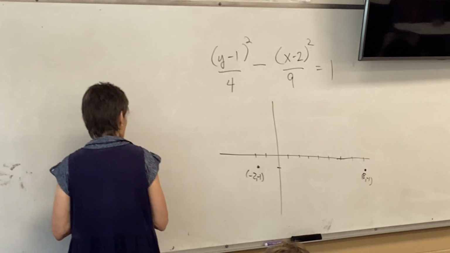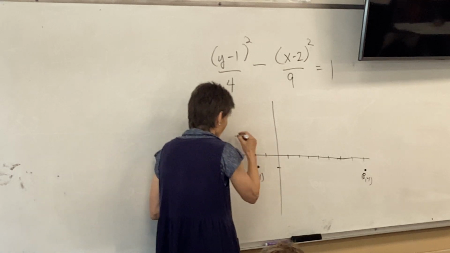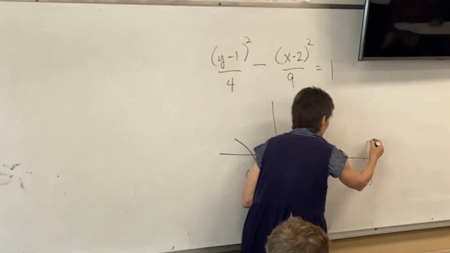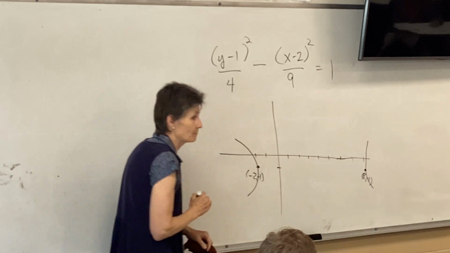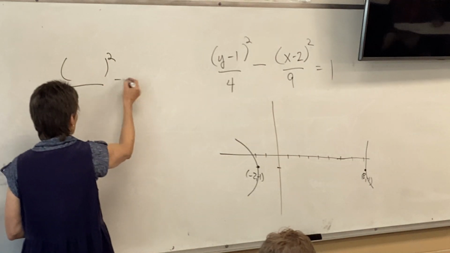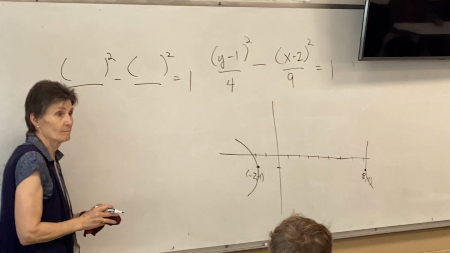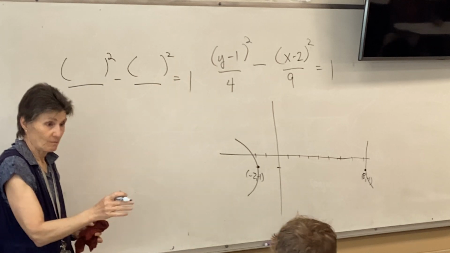These are the transverse axis endpoints, which means these are the vertices. What does that tell me about my equation? X is first.